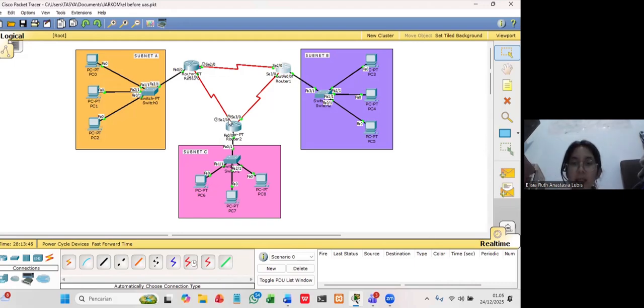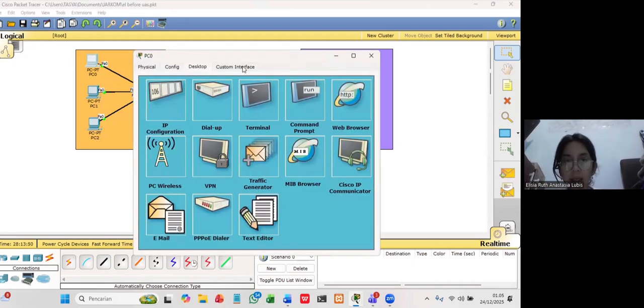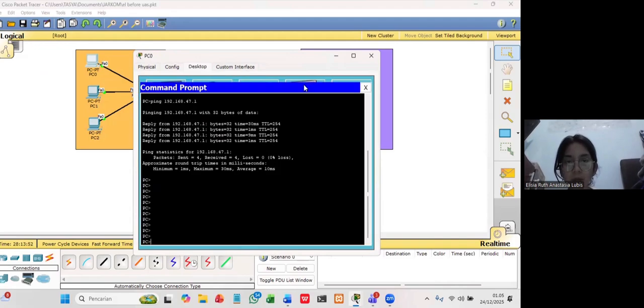The ping tests are conducted between LAN A and LAN B, LAN A and LAN C, and LAN B and LAN C in both directions. The successful replies from the destination indicate that the IP addressing, routing configuration, and WAN connection are working properly.